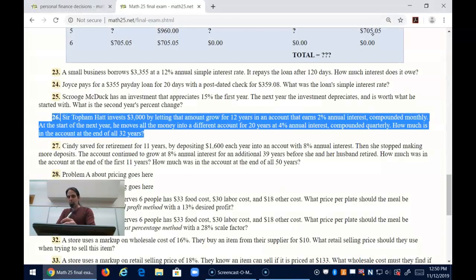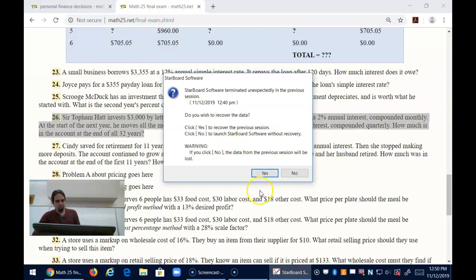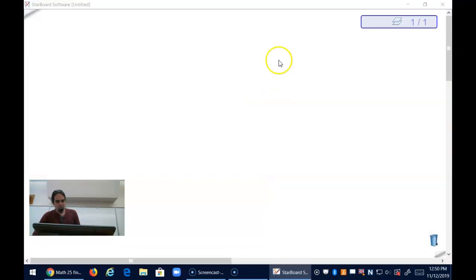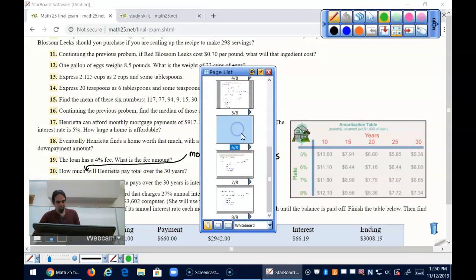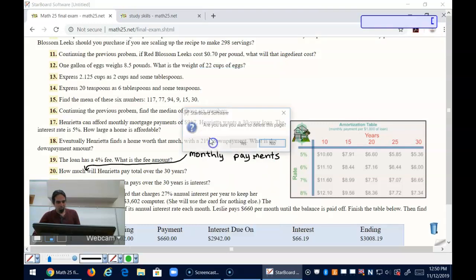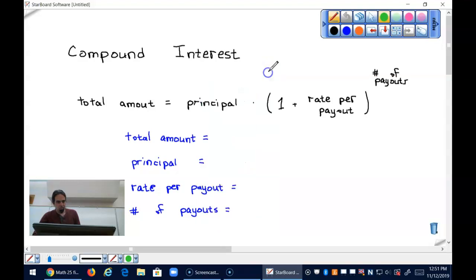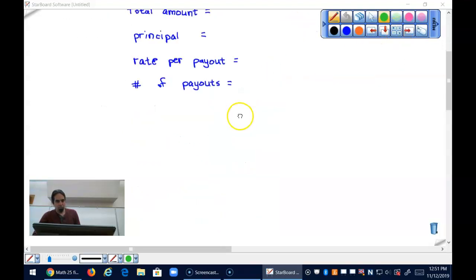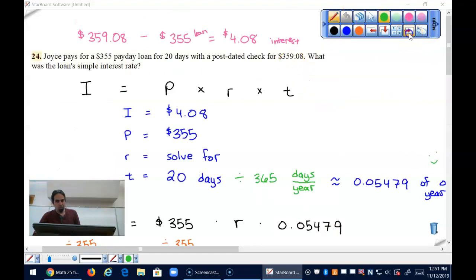So, total amount. Oops, what happened with that? Where'd you go? Yes, I want to recover data. Do we have everything from before?